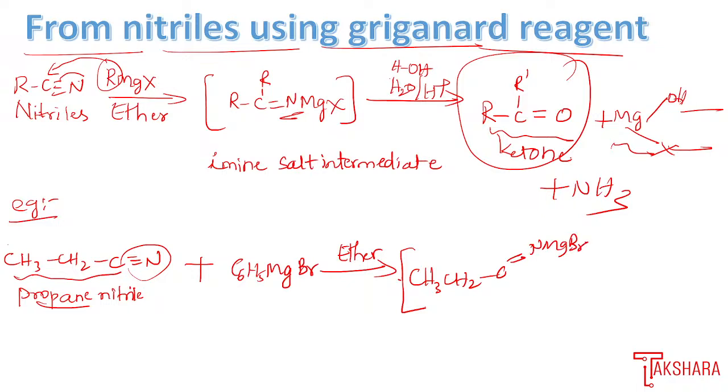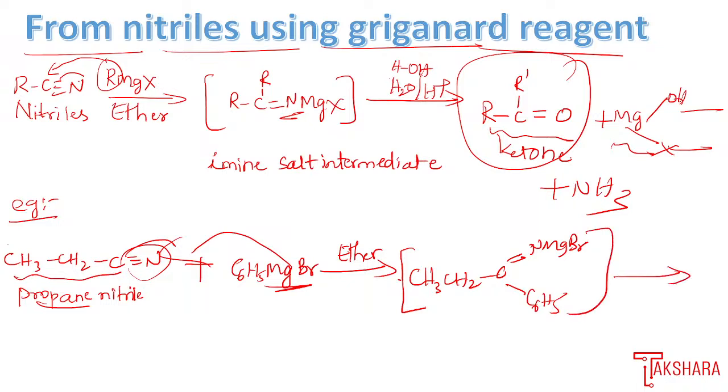So this triple bond is converted into a double bond, giving NMgBr, and then C6H5 adds.